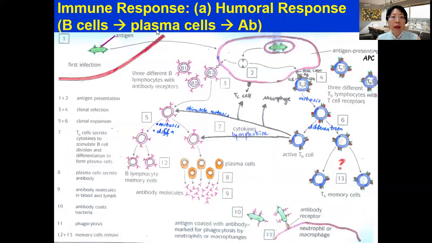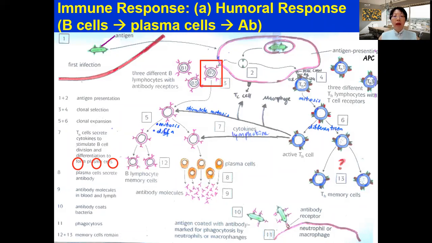So here, let's say, for example, this is the primary immune response where one B cell is activated to divide and differentiate into, let's say, 5 plasma cells. So we assume it's the same thing, we've got 5 memory cells, equal number.